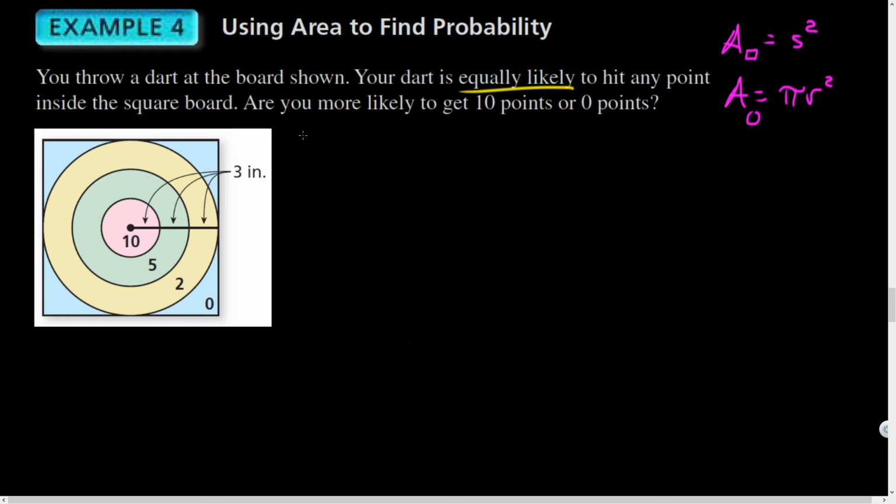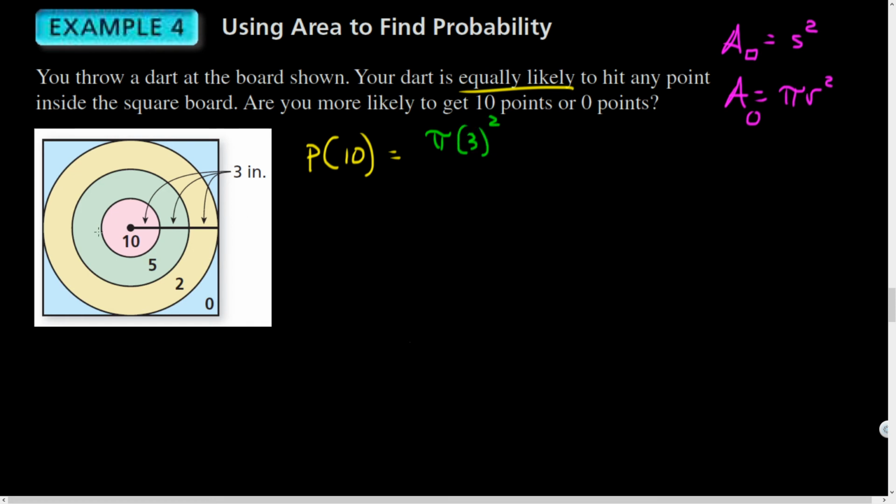So let's find the area. I'm going to need the area for 10 points. So probability of 10, my success would be this area. So that would be pi times, and now 10 is the number of points, but notice 3 inches is the length of this radius. So pi times 3 squared.